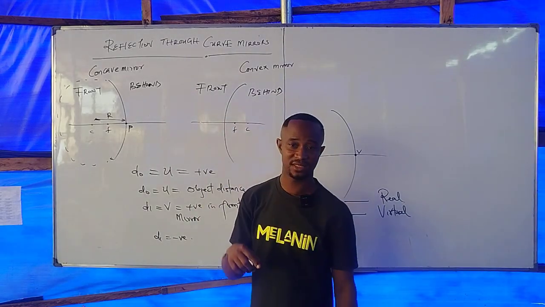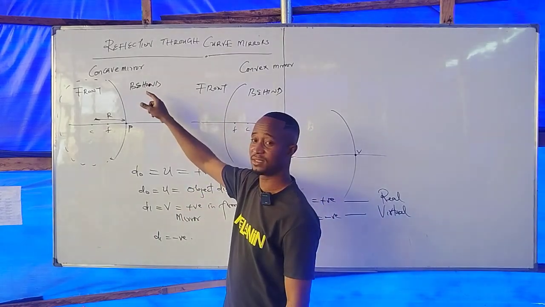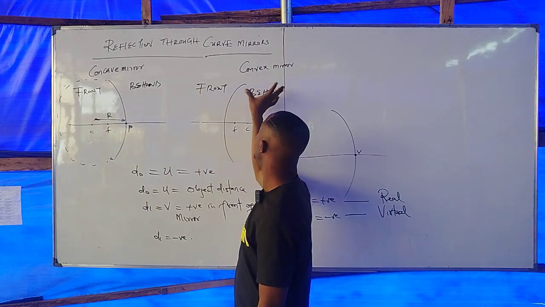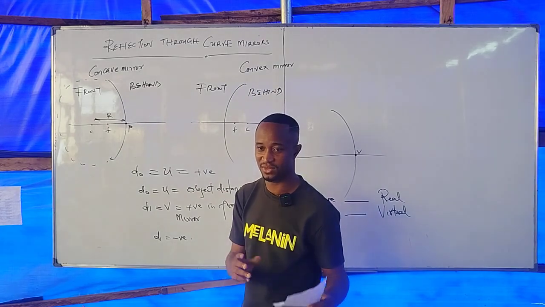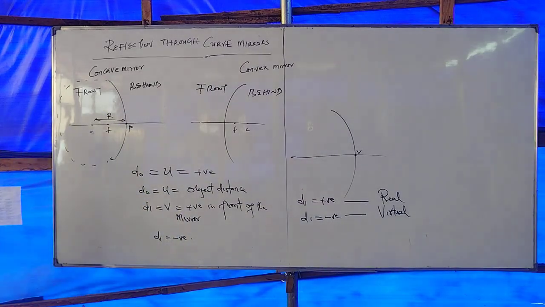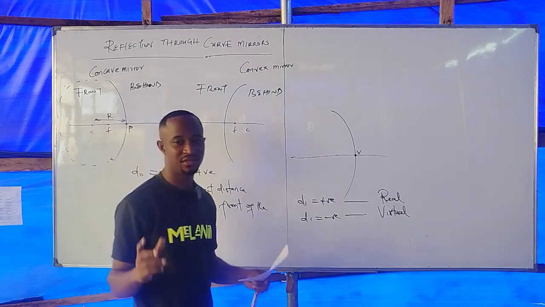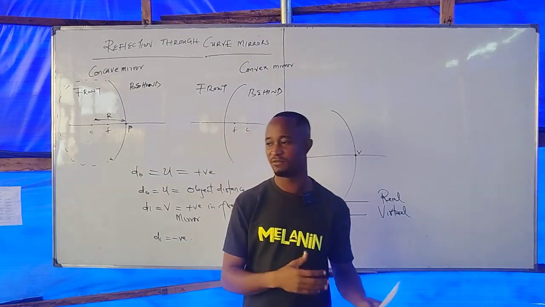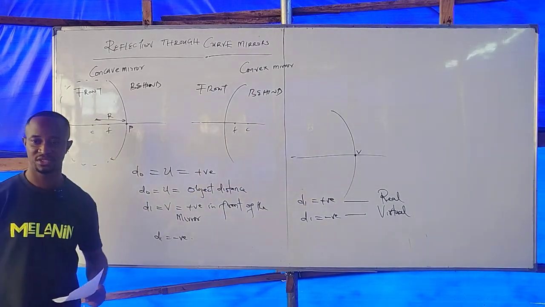But when it comes to lens, it becomes the reverse. In lens, concave lens diverges, while convex lens converges. Are you following? That's the difference. So just take note of this. That is a remarkable difference between concave mirror and convex mirror. Use that explanation to differentiate them. Okay.